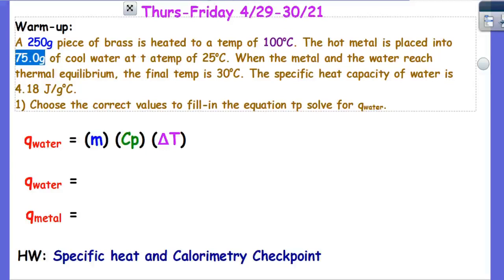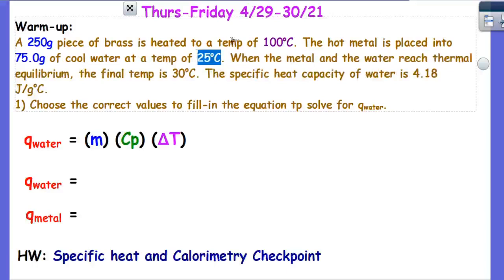Well, that's another mass, so that gets turned blue, at a temperature of 25 degrees Celsius. When the metal and the water reach thermal equilibrium, the final temperature is 36 degrees Celsius. The specific heat capacity of my water is 4.18 joules per gram per degree Celsius. So that's my value for CP.